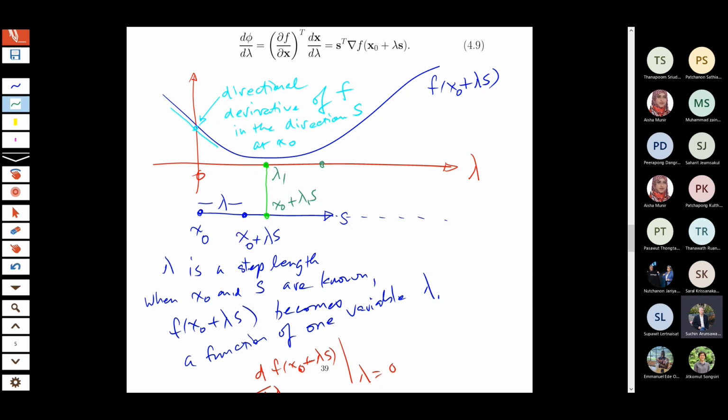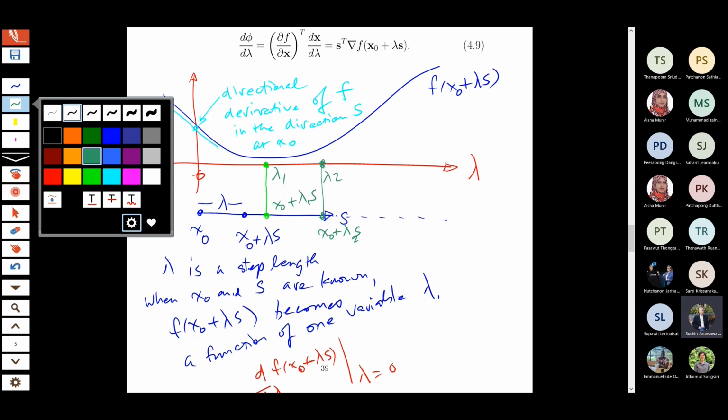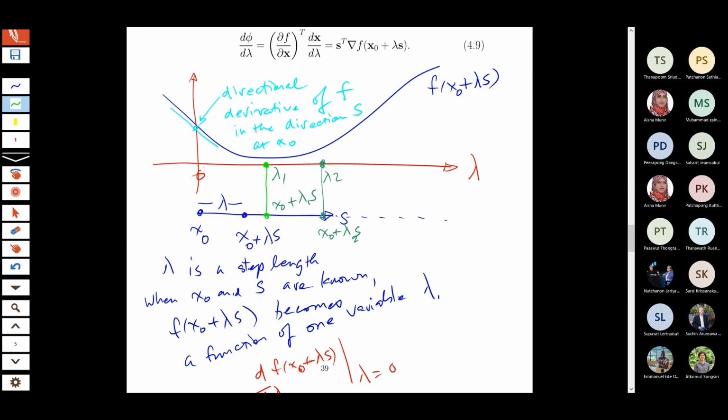And if this point is lambda 2, then this point corresponds to another point here, which is x naught plus lambda 2 s in R^n space. And the point x naught corresponds to the point where lambda is 0. Okay, this is how we see this.